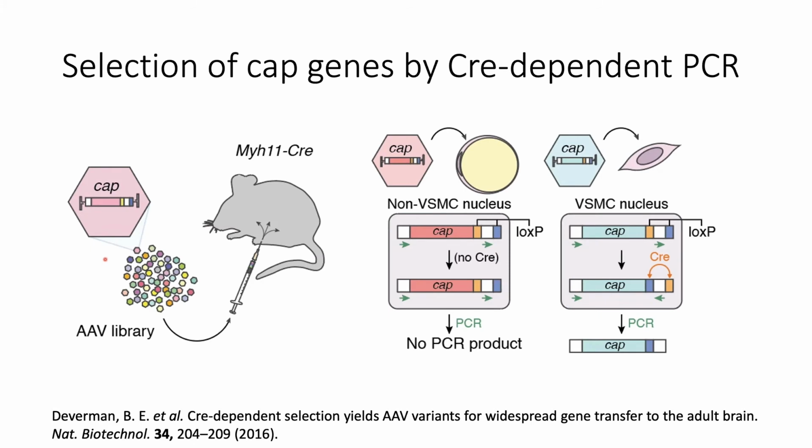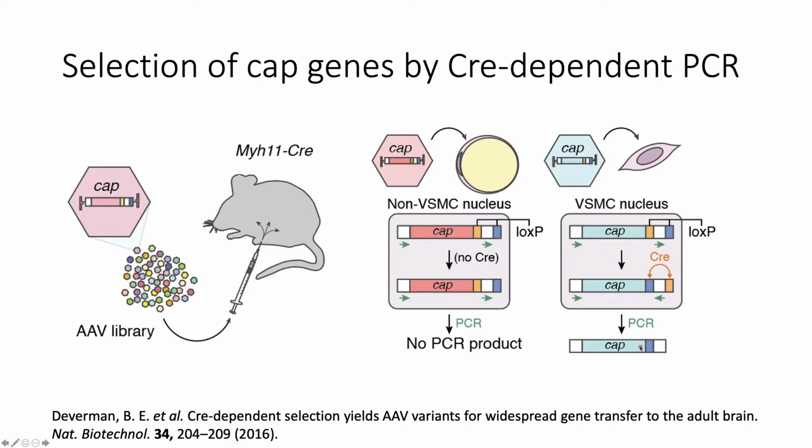The library of AAVs is then injected into a mouse where the cells that need to be targeted are expressing a molecular scissor called CRE. Thus, when these AAVs enter the cells, the DNA string is released, and if the cell expresses CRE, this will cause a molecular rearrangement of the gene, enabling us to PCR amplify the CAP gene.